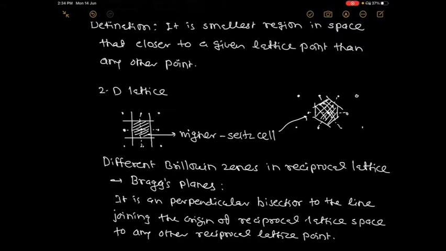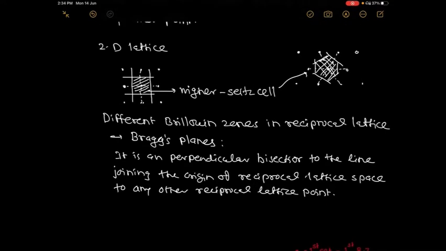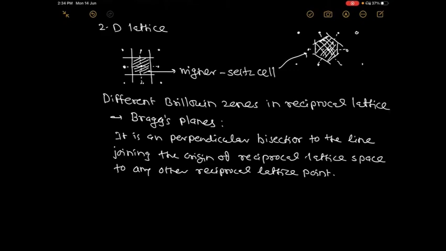Hence, we construct the Bragg's plane by using the geometry. Here we are just considering reciprocal lattice points in a reciprocal space.